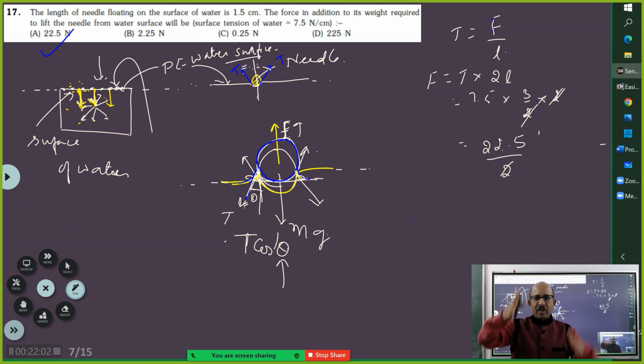When the needle is coming up, you are showing the needle just touching the surface, and when the needle is floating, you are showing it like this. And then obviously you will draw the vectors accordingly. Got it? That's how you have to learn physics. That is the maja of physics. Okay, done. Thank you. Shall we proceed, students?